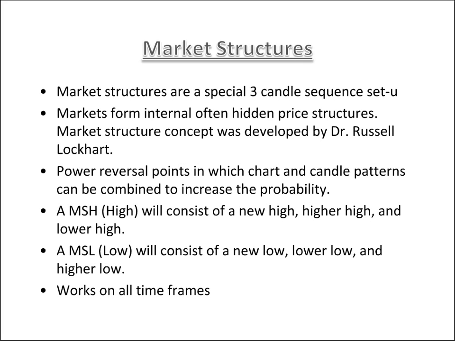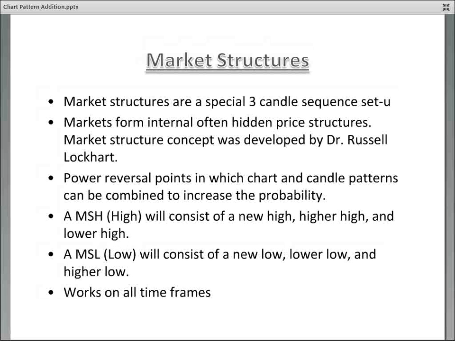So now, with that being said, a market structure high is a reversal pattern for a short. And a market structure low is a reversal pattern for a long. I suggest you guys ask the questions here, because this is a good freebie. What it consists of is a new high, a higher high, and a lower high. So if I were to draw some candles here, let's just make it green.